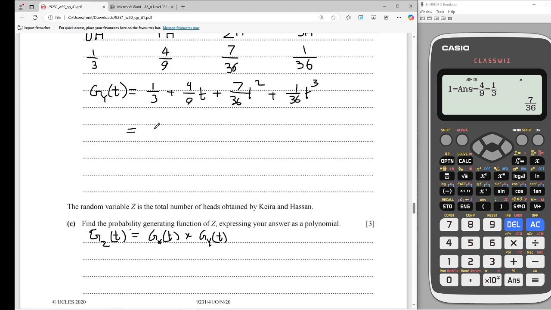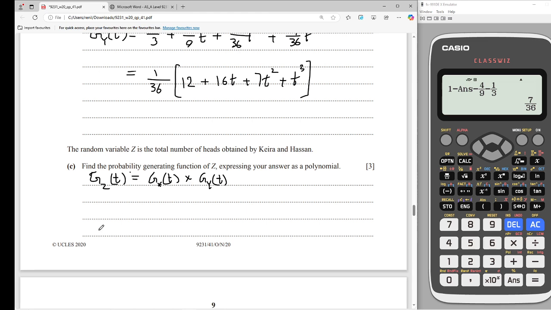So when you're doing this, it's better you factorize. When you factorize 1/36 of this entire thing, you get 12 plus 16t plus 7t squared plus t cubed. It's going to make your process a whole lot easier.